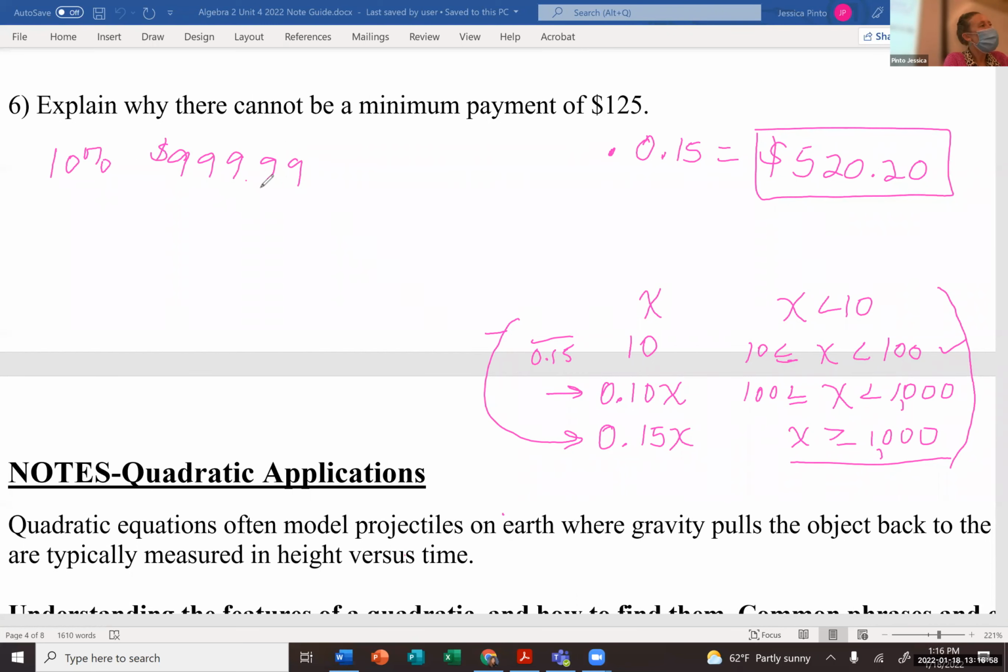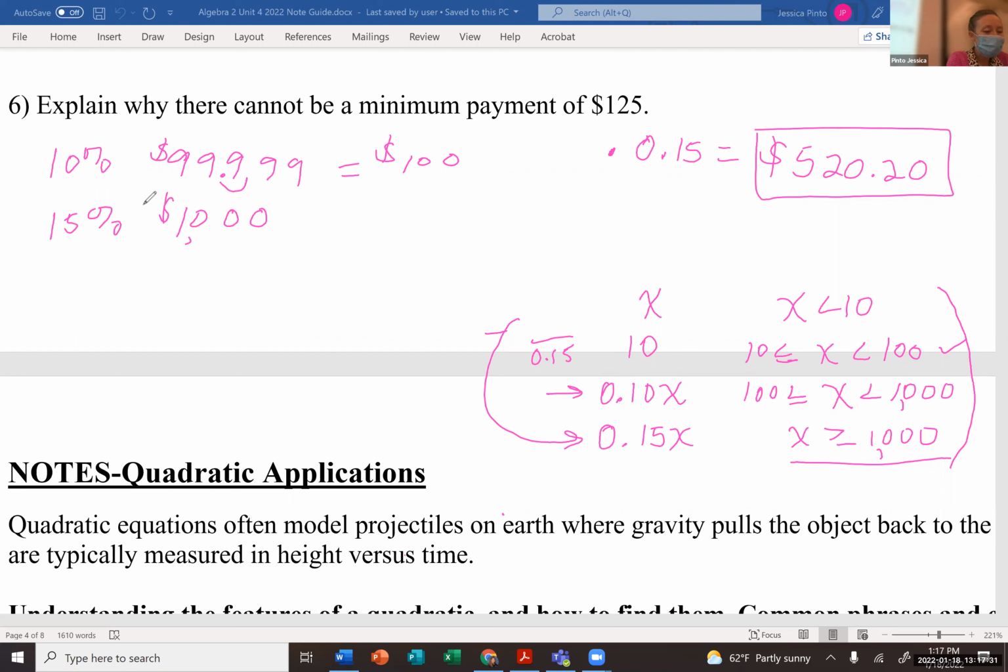And when I move the decimal place over once there, I get 99.999, which that's actually 100, right? They're going to round that up to 100 for you. You guys agree? So then if I do the 0.15x, the 15%, that starts with $1,000.